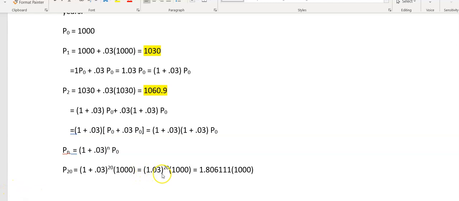When I raise 1.03 to the 20th power, I get 1.806111. And now lastly, let's multiply it by 1,000. That will be 1,806.1111. Generally, since we're talking about a population here, we're probably just going to round this to the whole number. There'll be approximately 1,806 people at the end of 20 years. Not very much in such a small town.